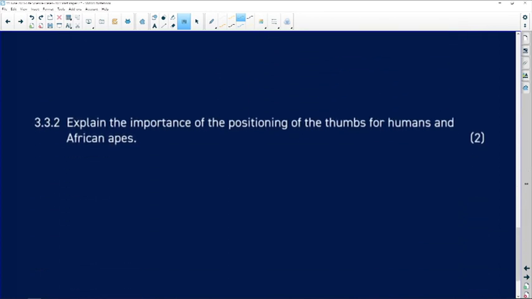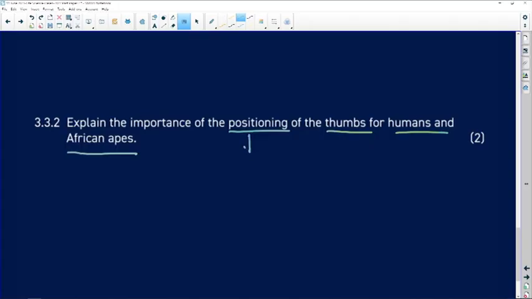And look what I've done. Explain the importance of positioning of the thumbs for African apes and humans. So what I said to you was that we have that characteristic. Humans have the opposable thumb, and so do African apes. But our question says, what is the importance of this similarity? Well, we must say what that positioning is.